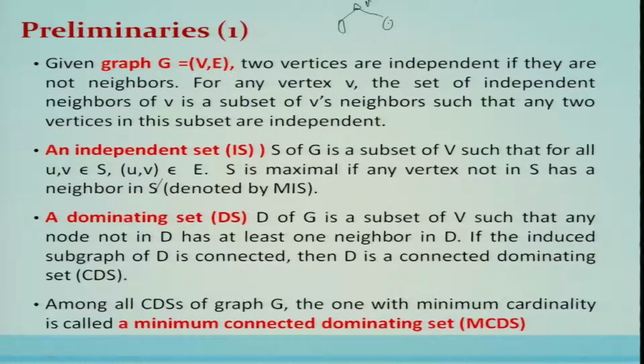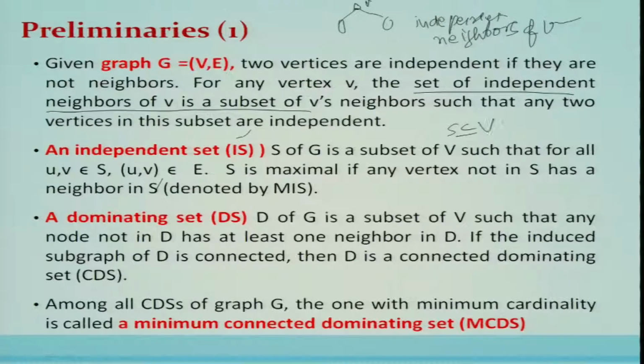Two vertices which are independent are neighbors, and this set of independent neighbors of V is called the independent neighbors of V. An independent set S of G is a subset of V such that for all vertices u, v, there is no edge uv in S.